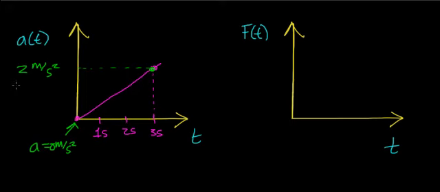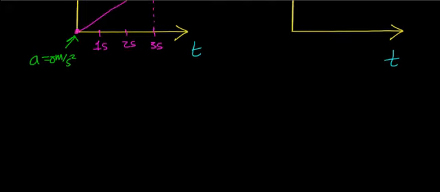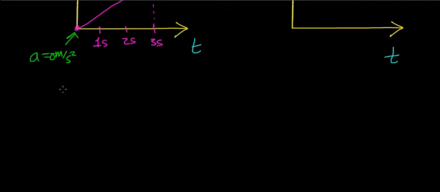So the acceleration is continuously changing. And let's look at what Newton's second law says for that one. So in this case, we'd say that the sum of the forces as a function of time equals mass times acceleration as a function of time.